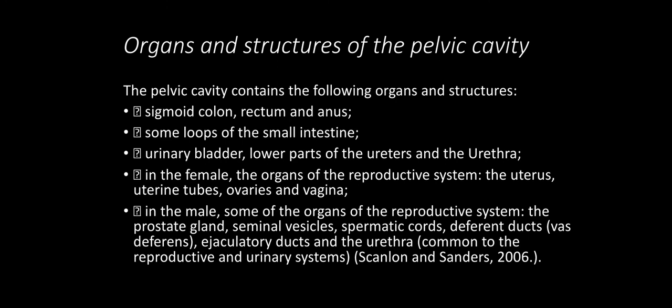In the female, the organs of the reproductive system are the uterus, uterine tubes, ovaries, and the vagina. In the male, some of the organs of the reproductive system are the prostate gland, seminal vesicles, spermatic cord, different ducts, vas deferens, ejaculatory ducts, and the urethra, common to the reproductive and urinary systems.